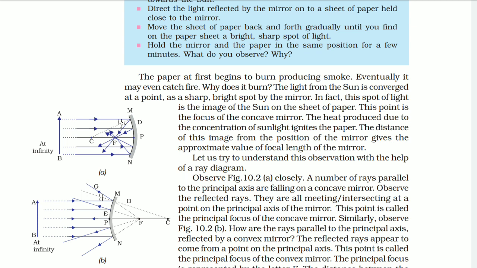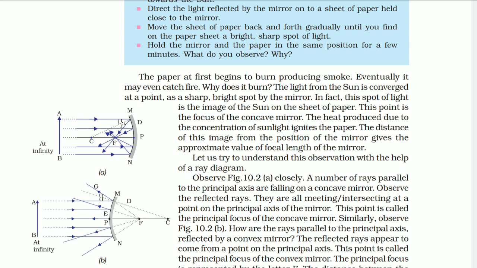The heat produced due to the concentration of sunlight ignites the paper, and the distance of this image from the position of the mirror gives the approximate value of the focal length of the mirror. So it produces a huge amount of heat, which is definitely a direct reflection of the sun, burning the paper.